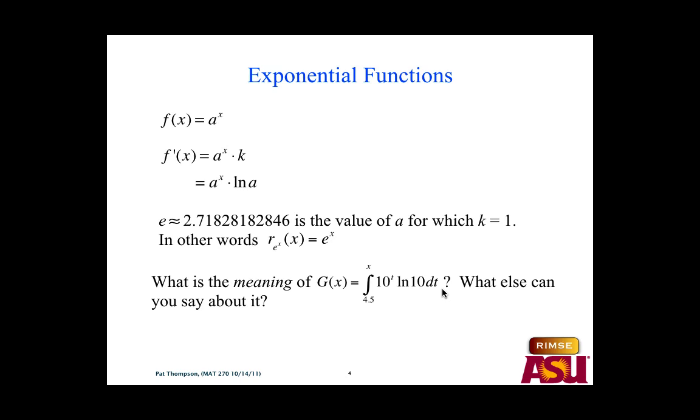If you notice the integrand here, 10 to the t times natural log of 10, that should look familiar. If I'm finding accumulation, this is my m dx expression, or my rate of change of something. What is 10 to the t times natural log of 10 the rate of change function of? Yeah, just 10 to the t.